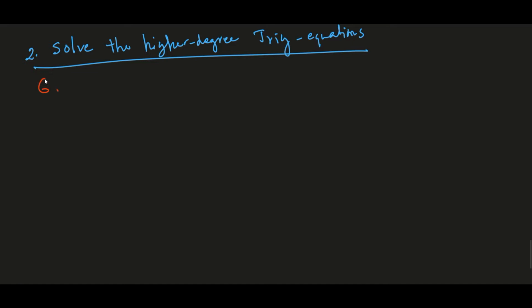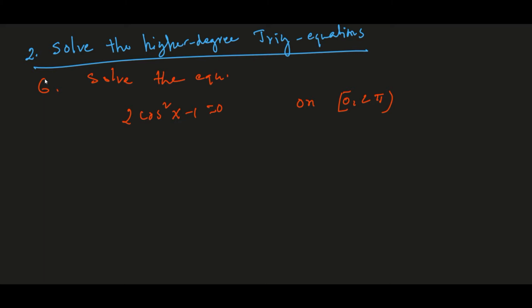Solve the equation 2 cosine squared x minus 1 equals 0 on 0 to 2 pi, again 2 pi excluded and 0 included.